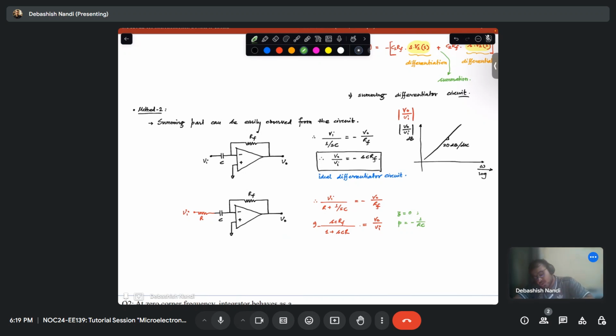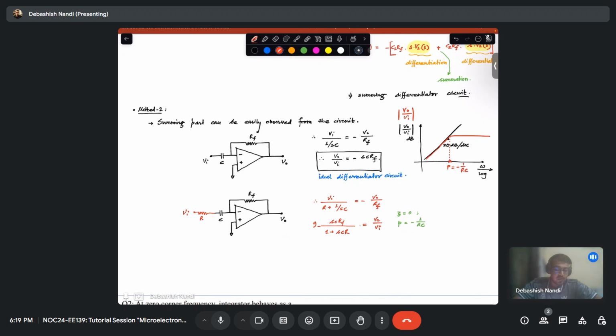So what will happen to this plot? This will stretch up like this, and then suddenly it hits a pole. So this will be the location of the pole. So this P will be equal to minus 1 over RC.